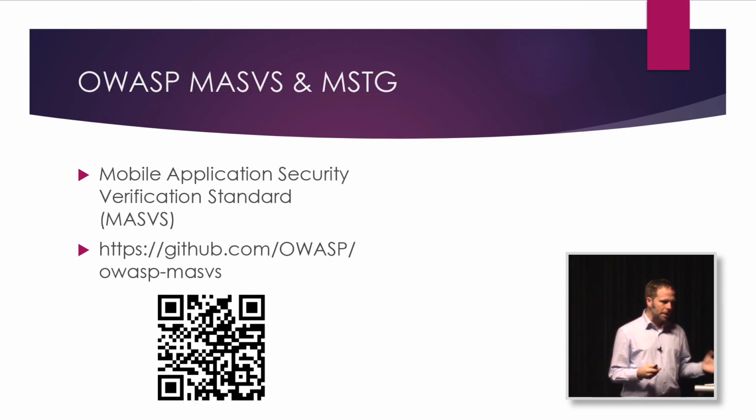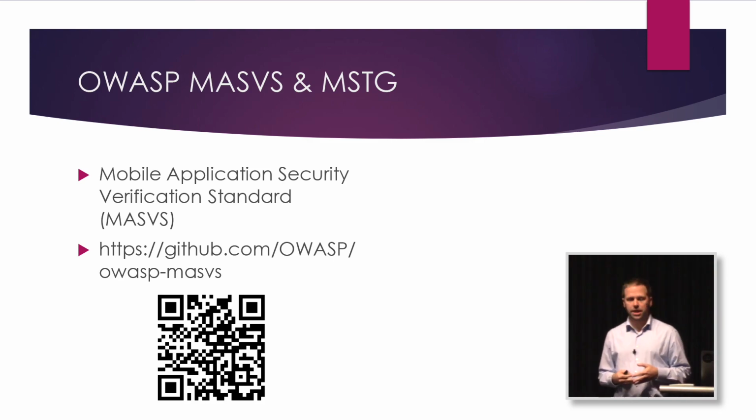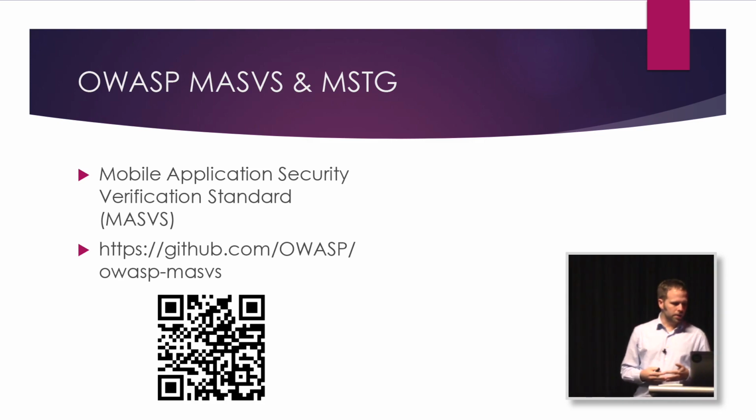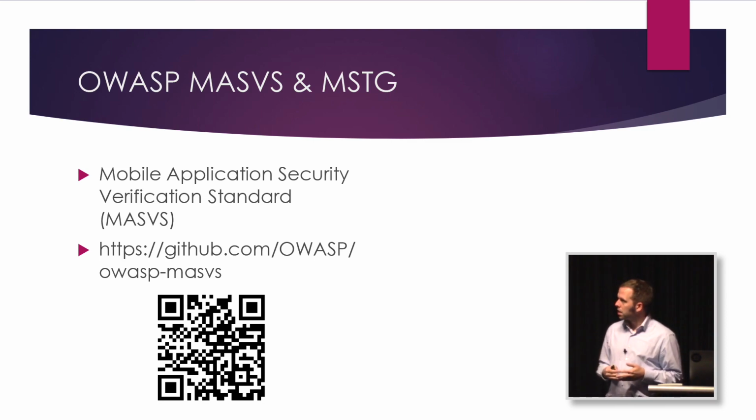So, pinning and many other security controls that you can have for your mobile application are all documented nowadays in the Mobile Application Security Verification Standard. It's a beautiful document written by many volunteers from OWASP, and I'm a co-author of the MSTG, and for the MASVS I'm one of the contributors.